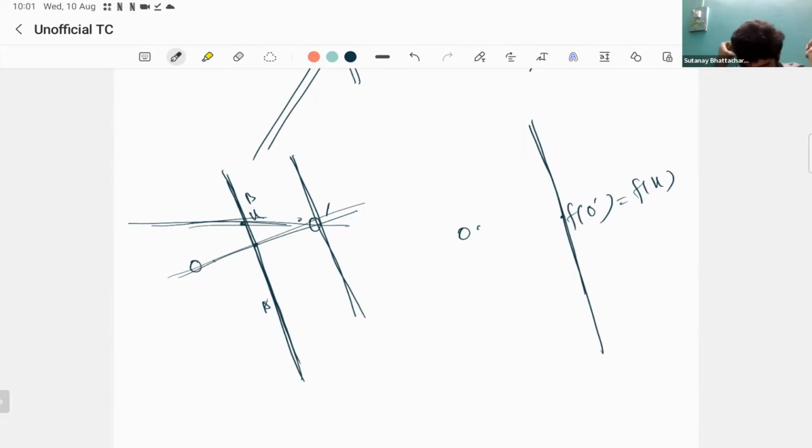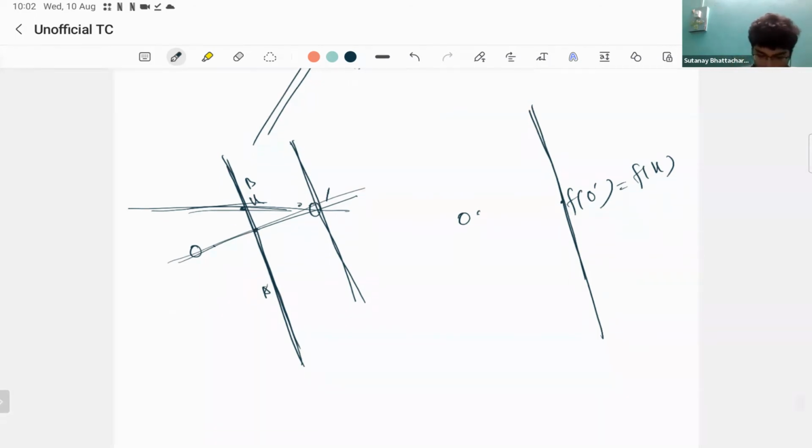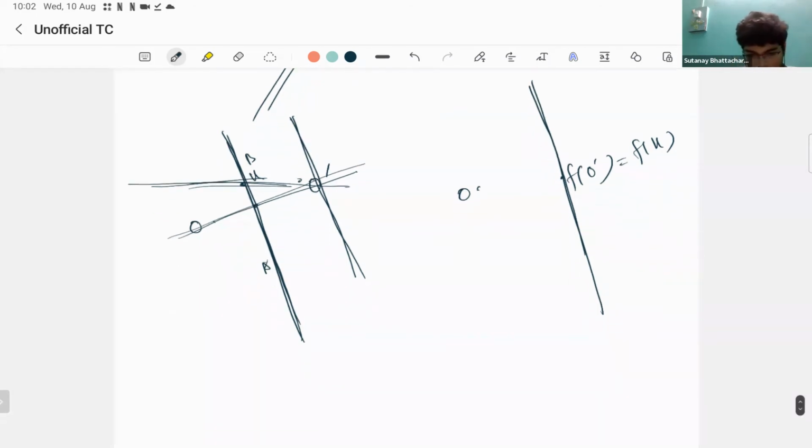Okay, this is disappointing. Suppose there exists a k on the line such that f of k is not f of O dash.